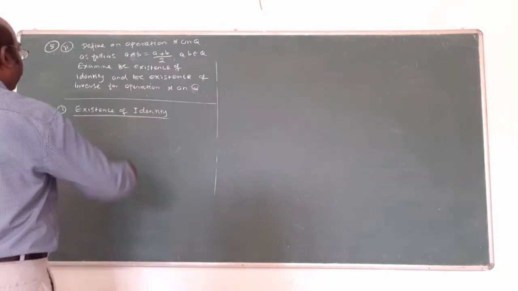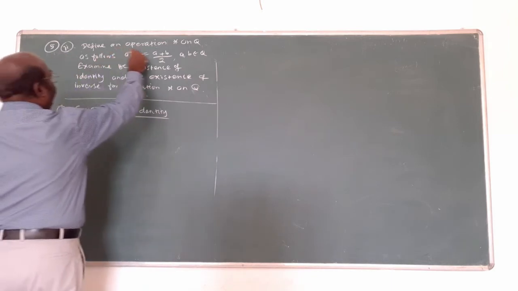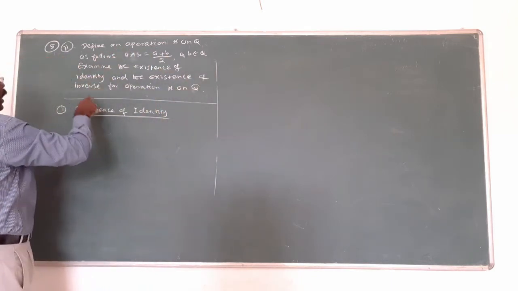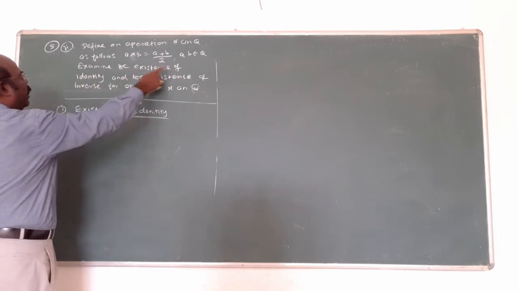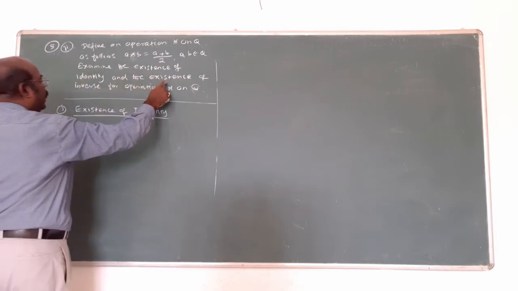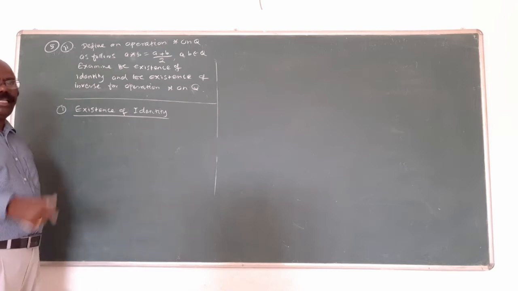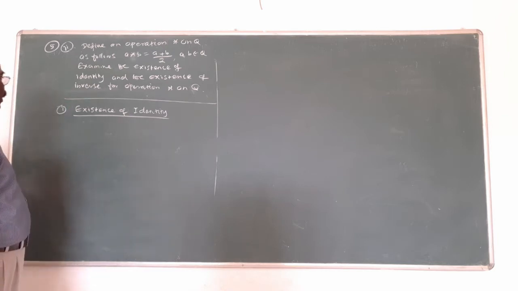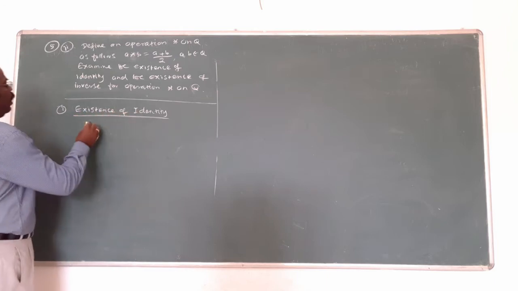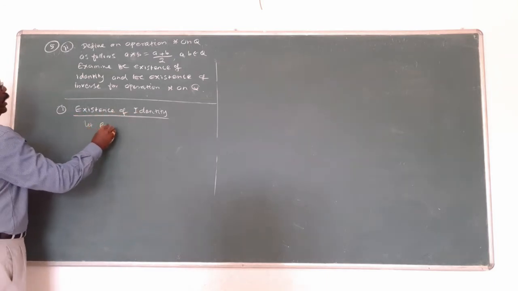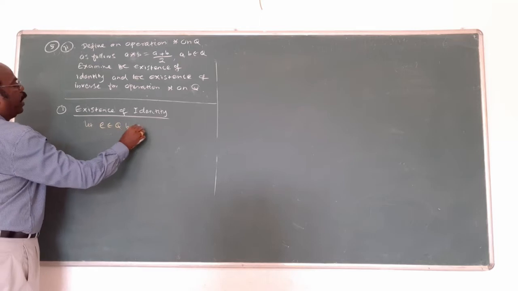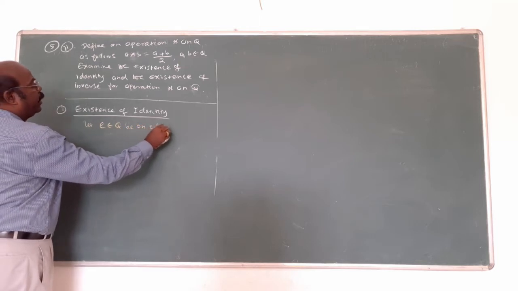Listen here. The same question, but what is happening? Only the existence of identity and the existence of inverse are asked. Previously, 3 parts were asked; here 2 parts are asked. For existence of identity, first let us assume that e belongs to Q is the identity element.